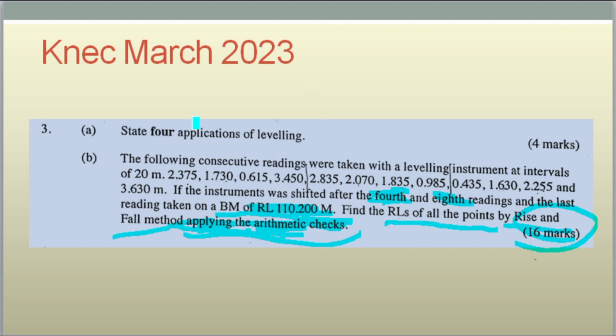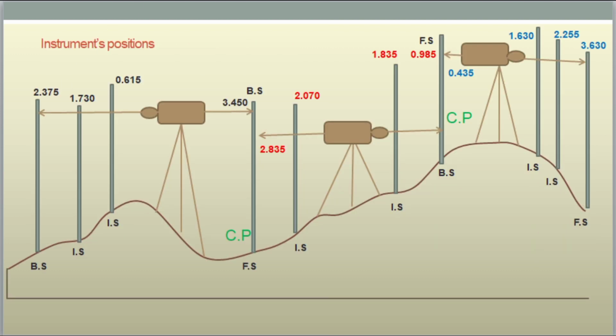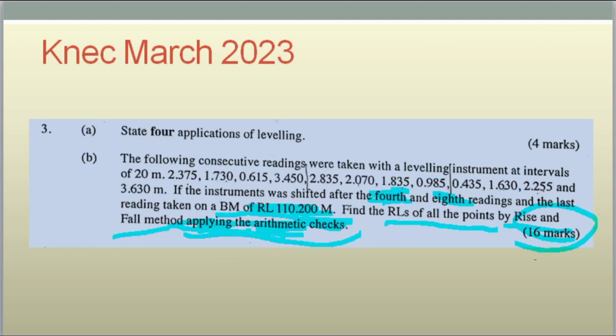This is a good question in which we can illustrate and look at it. So let's start. We are going to observe the instrument position. We were told we had a shifting at the fourth and the eighth, so that's where our change points are.